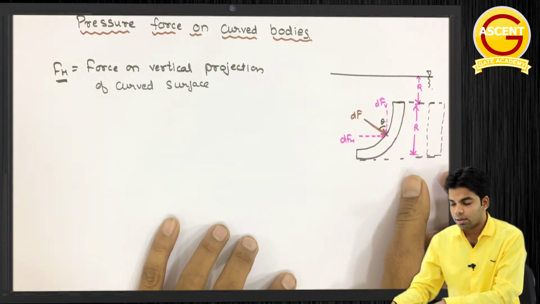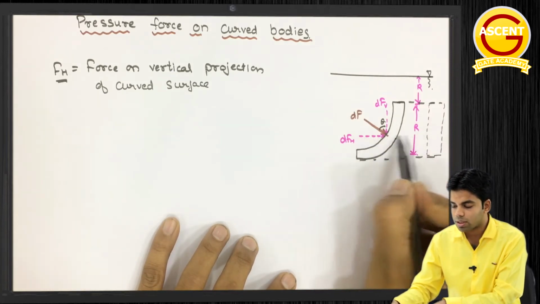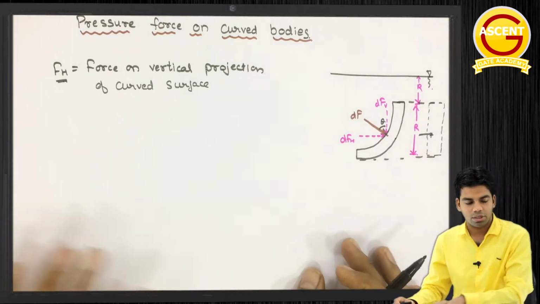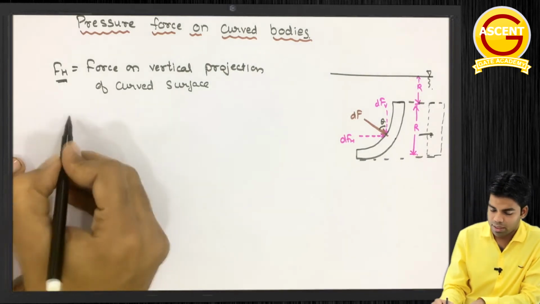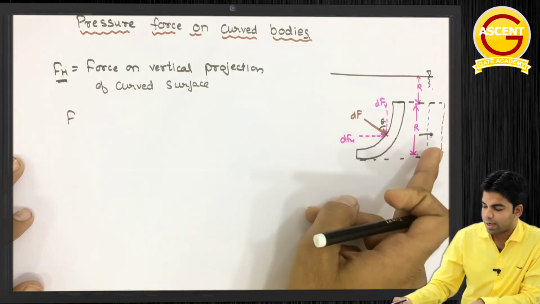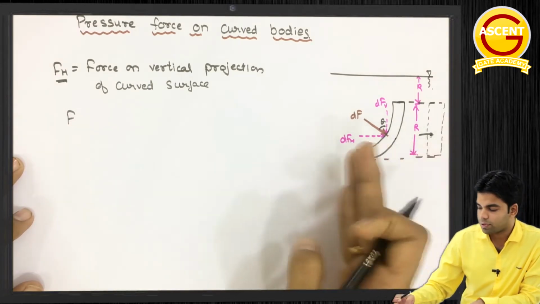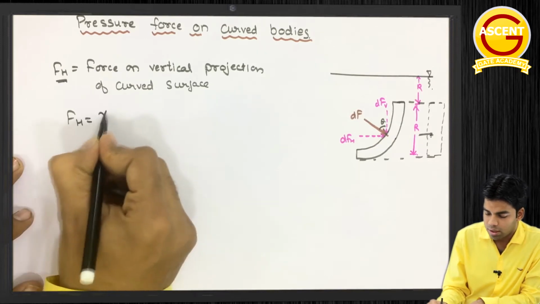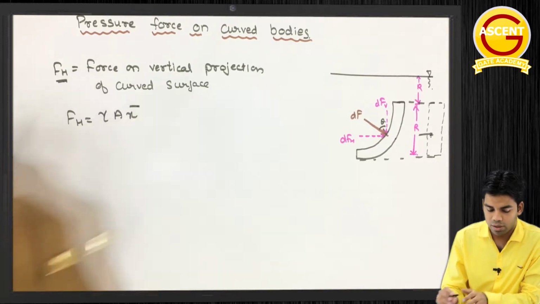The horizontal force acting on this rectangle is nothing but Fh. And as we know, because we are projecting it directly onto a flat vertical surface, this Fh is nothing but gamma A x bar, as we have already seen.